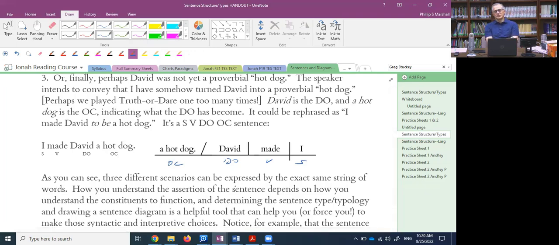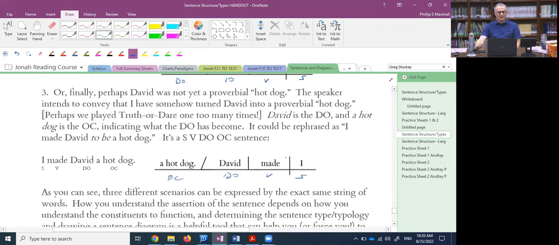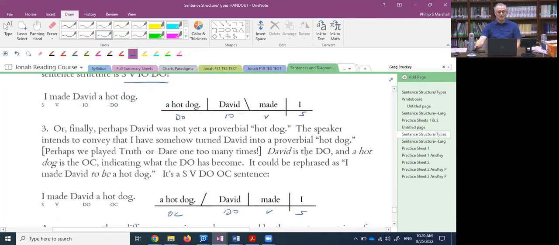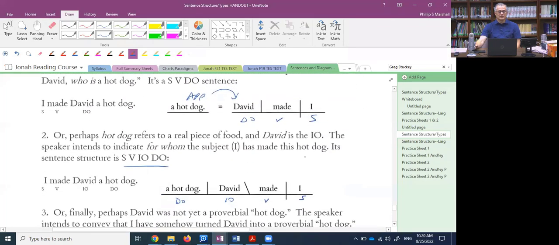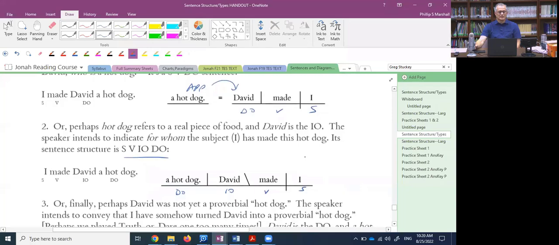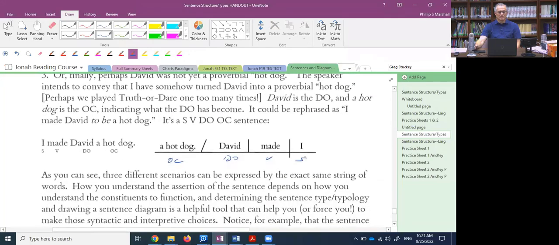So what distinguishes them? Something invisible that you don't see on the surface, and that is the syntactic or grammatical structure. That grammatical structure is gotten at visibly through these different diagrams, right? So I have three different diagrams that represent the three different ways that you could construe the grammar of the sentence.